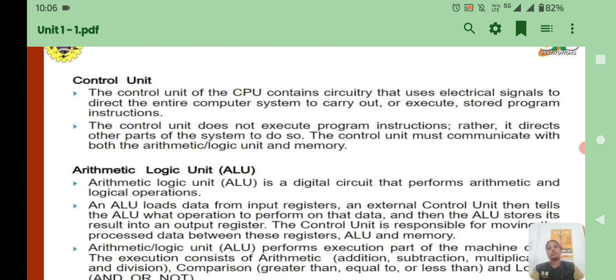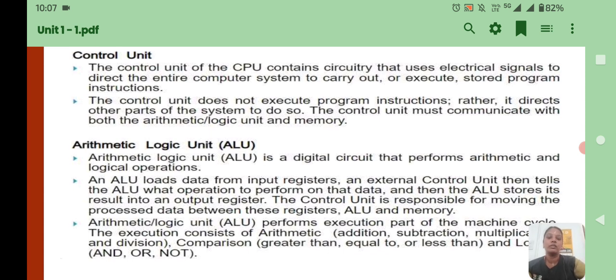The control unit of the CPU contains circuits that use electrical signals to direct the entire computer system to carry out or execute stored program instructions. The control unit does not execute program instructions; rather it directs other parts of the computer system to do it. The control unit must communicate with both the ALU and the memory.